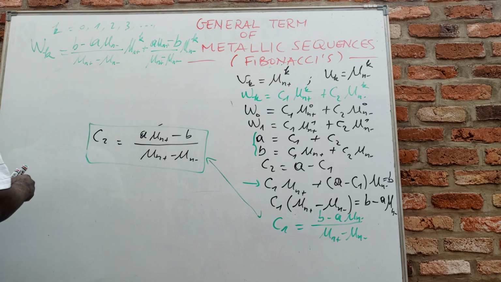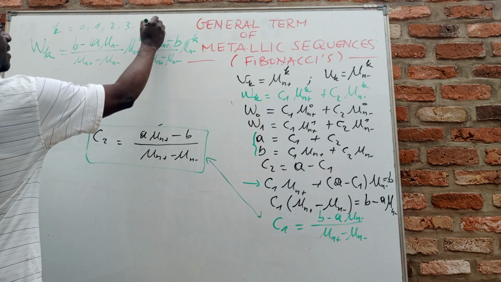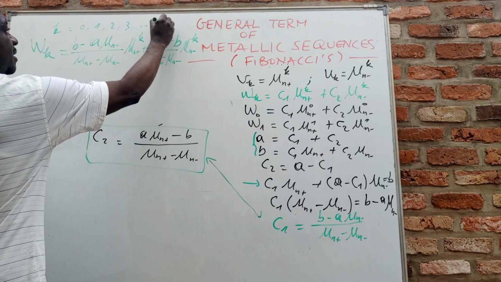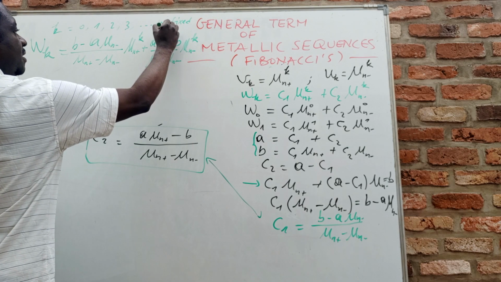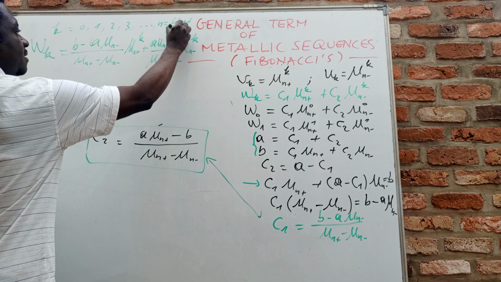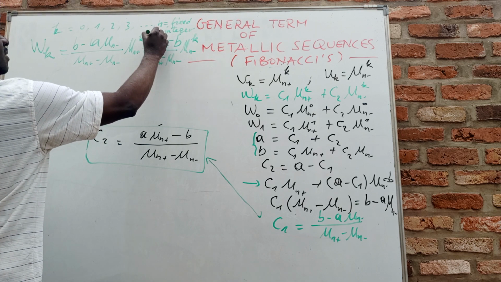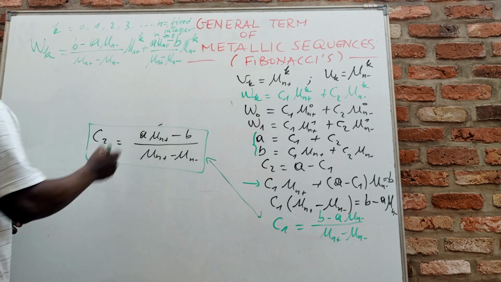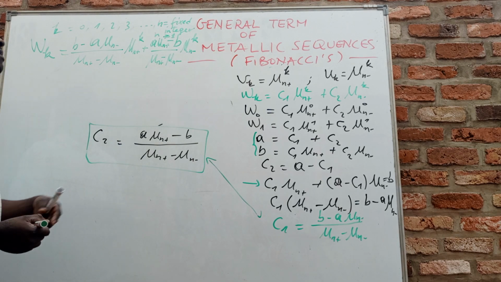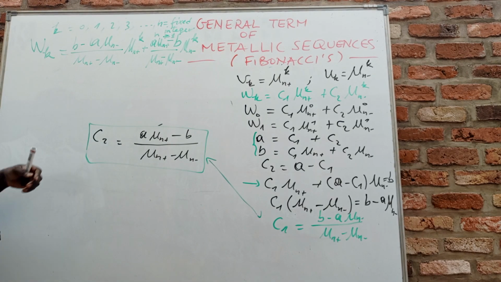Here n must be a fixed integer which is greater or equal to 1. In case it is equal to 1, of course, we're going to have a Fibonacci sequence.